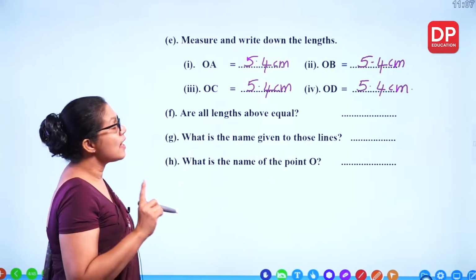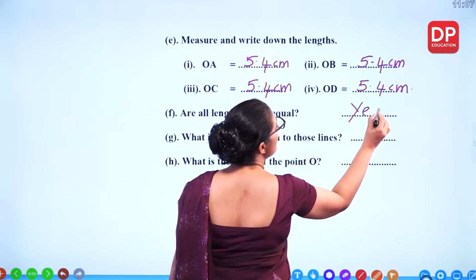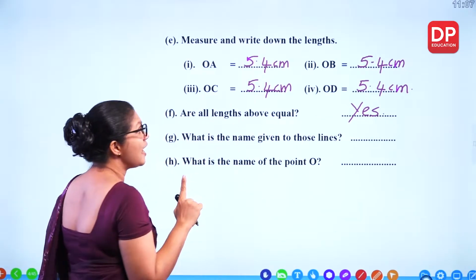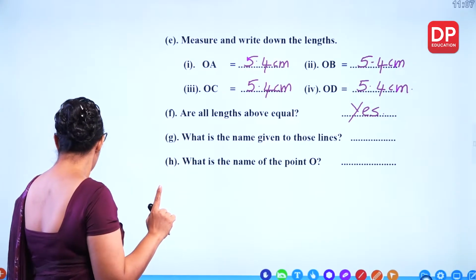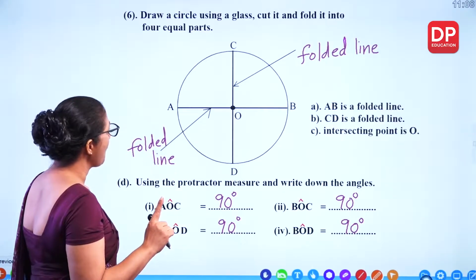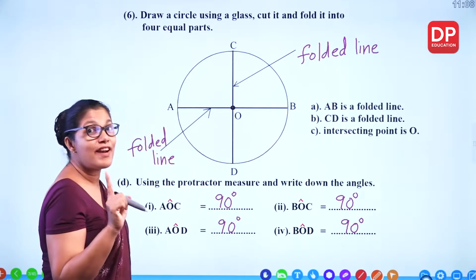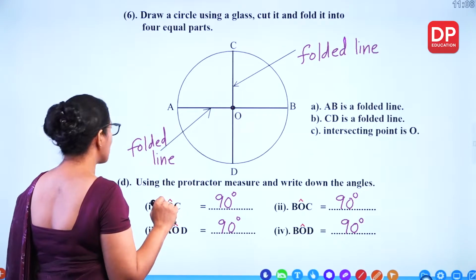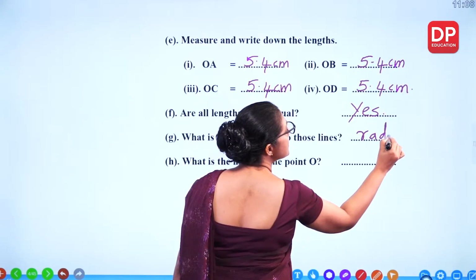Are all lengths above equal? Yes, all are equal. What is the name given to those lines? Can you remember? We discussed in grade 6. We call the distance from the center to this point the radius. So those are radius.